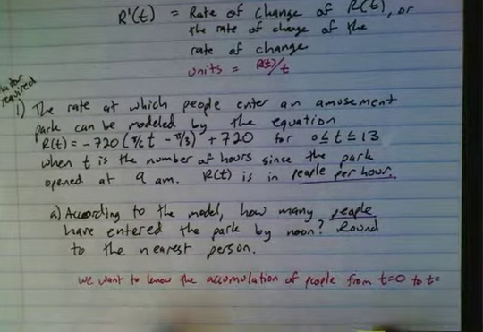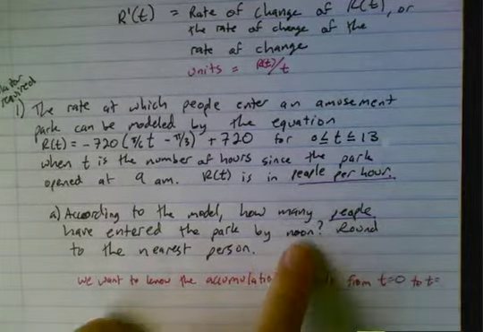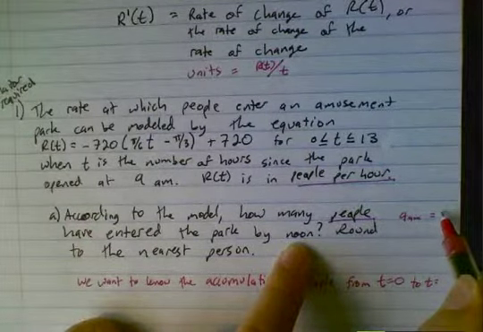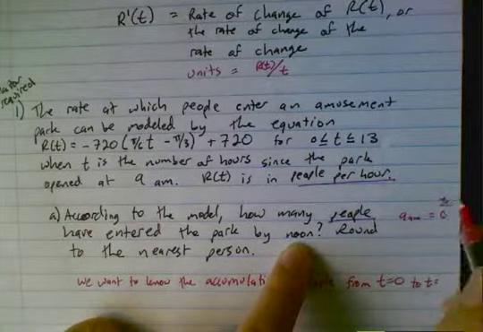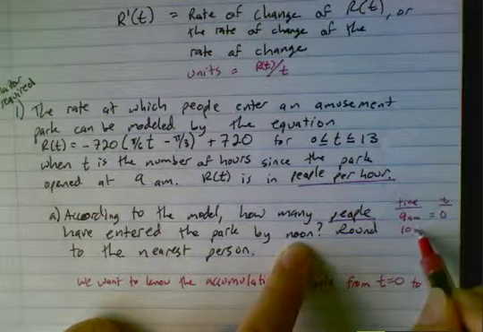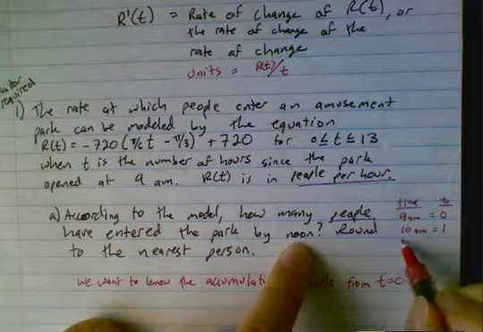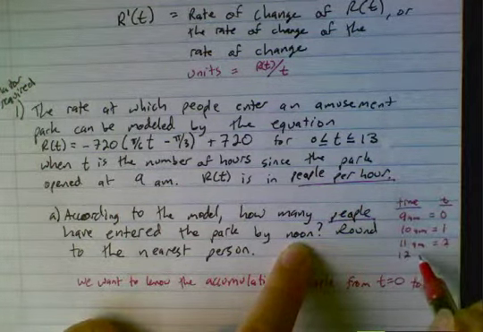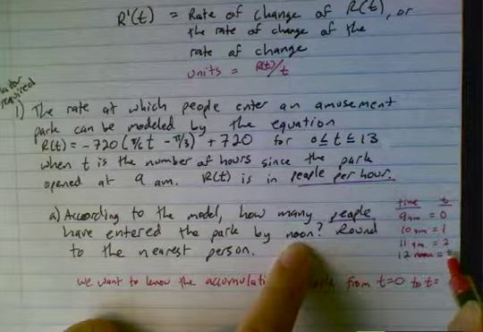to t equals noon. So let's see, 9 a.m. is t equals 0. 10 a.m., that would be t equals 1. 11 a.m., t equals 2. 12 noon, t equals 3.